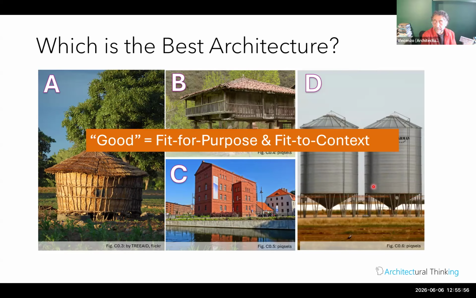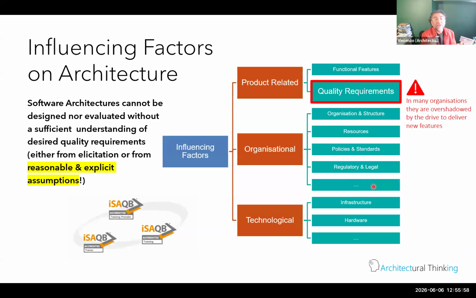And what does that mean? These are the things that really influence the architecture of a system. There are some influencing factors which are product related. I already mentioned functional and quality. Quality is really important. This is one of the reasons why iSAQB is perhaps my favorite architecture certification, because in my experience, the most common failure of a software project is actually neglecting some of the quality requirements.